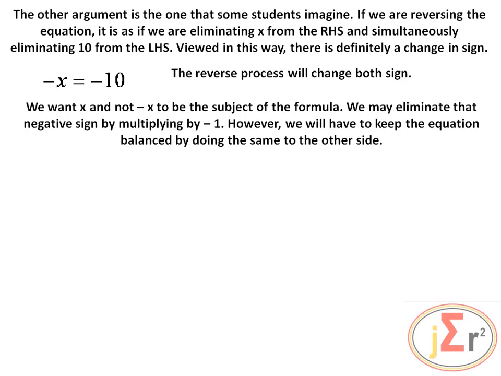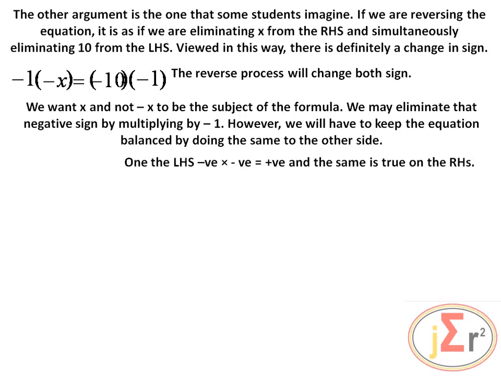Keep the equation balanced by multiplying by -1 on the other side also. On the left hand side, negative times negative is positive, and the same is true on the right hand side, and -10 times a -1 is equal to a positive 10. So x is equal to 10.